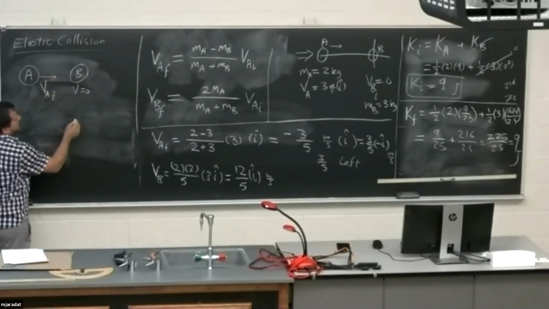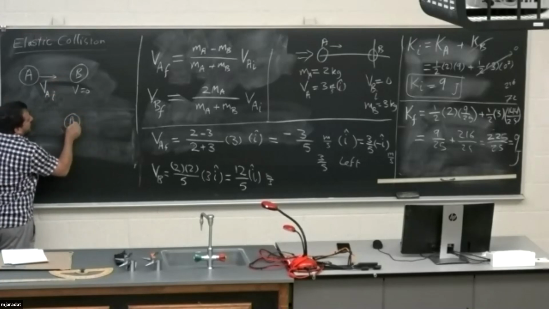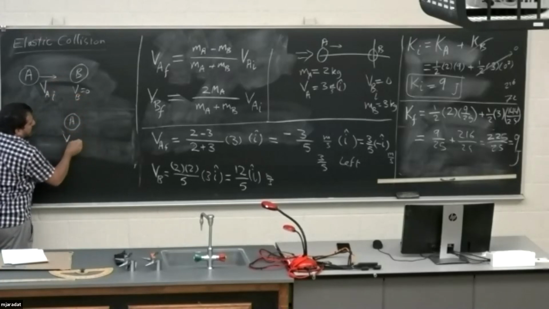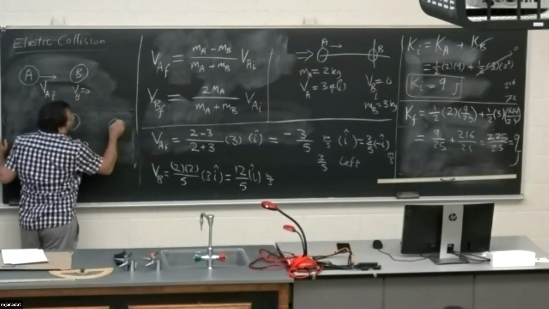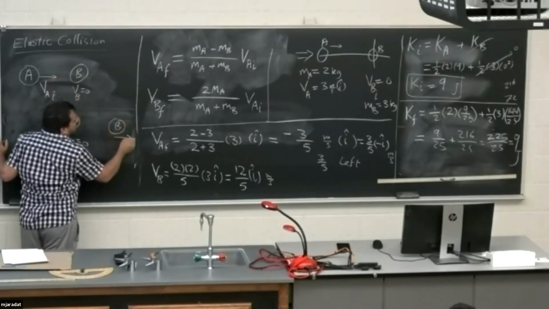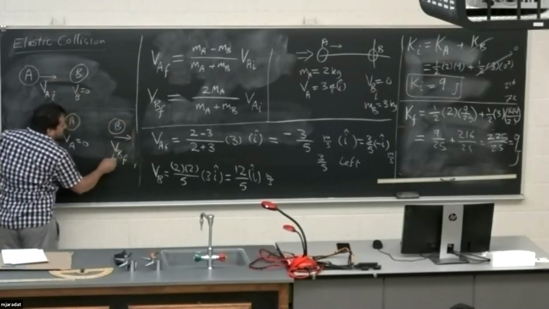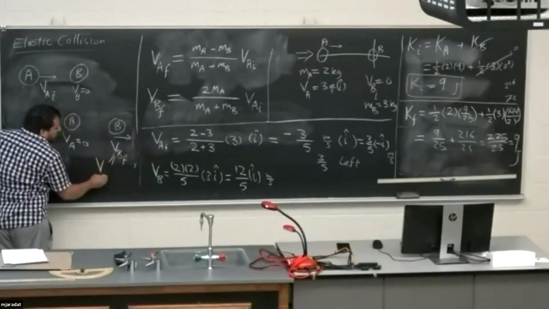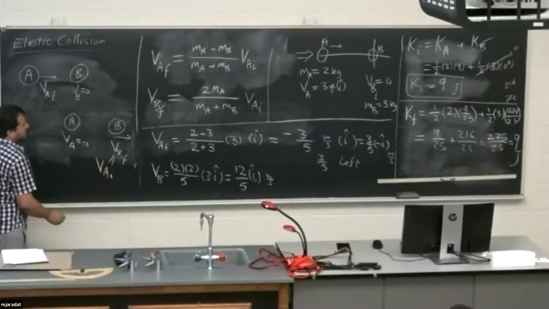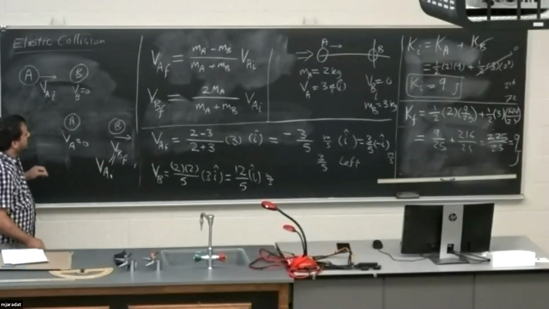After the collision, we have the ball A with velocity VA equal to 0, and the ball B starts moving with VB finally. This will be equal to the velocity of A initially. How can we know that?